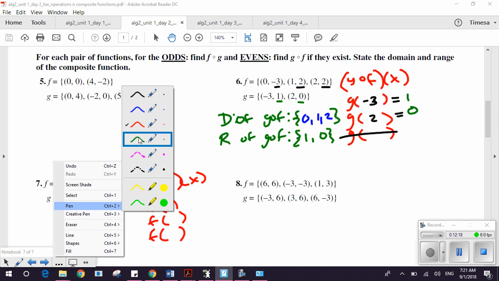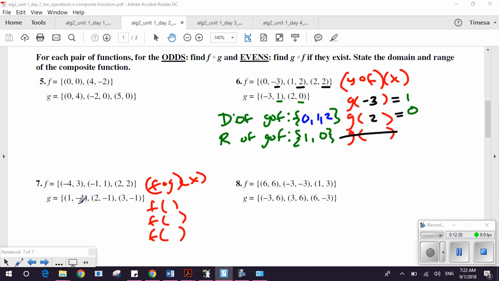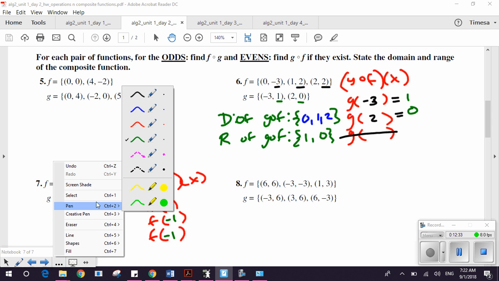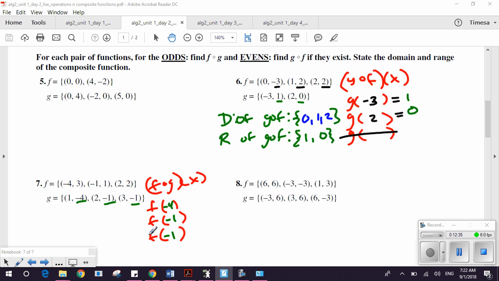In this case, our gum is G. So G has a negative 4, a negative 1, and a negative 1. Again, negative 1 repeats, so you should only need to write it once.